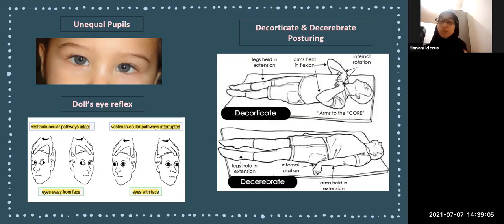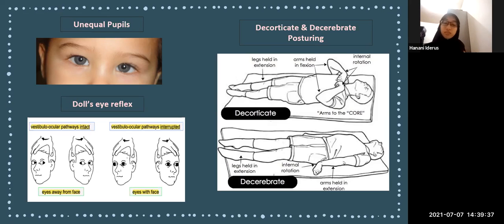You can see in the picture, there is rigid extension of the leg, but the arm is in flexion position and the hand is twisting. This differs from the decerebrate, in which the legs are similar, they are both in extension. However, the arm is in extension position. So the arm position is what differentiates the decorticate and also decerebrate.